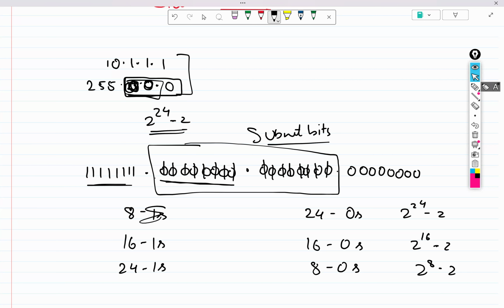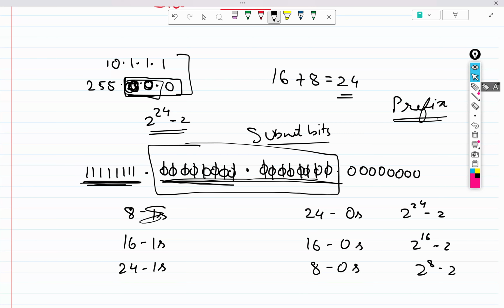Now, when you have 16 subnet bits, that means you have 16 ones, plus this 8 already existing ones. So 16 plus 8 gives us 24. This is called the prefix. The total number of ones is called the prefix. Total number of ones will include your network bits as well as the subnet bits.